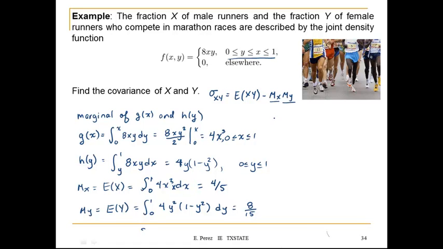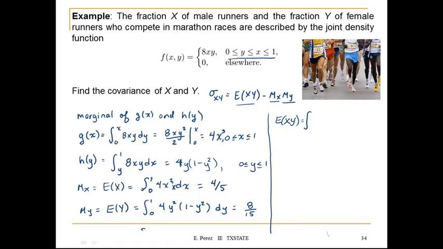Now we have the expected values for both x and y. The only term that we don't know is the expectation of xy. For that, we can use the material we learned from this lecture.